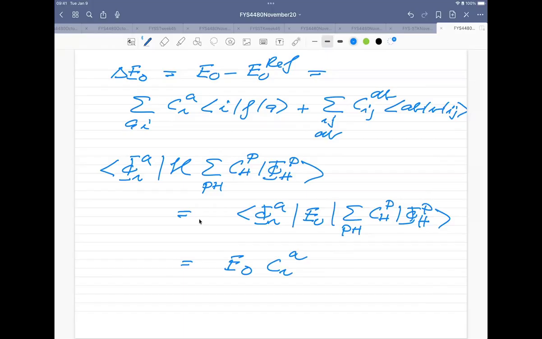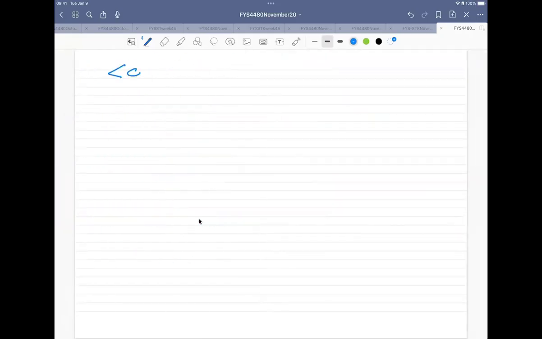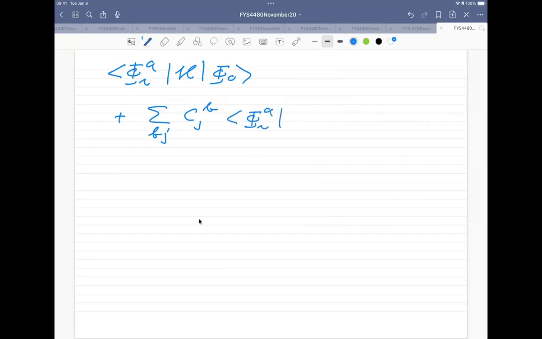Then I'm going to write out the other terms. And what we have then is obviously a whole chain of terms here which are going to come in. So let's do that. So we will have a phi of IA. We have the Hamiltonian, and then this is going to act on phi 0. That's the first term. And then I get a new term here where I have a Bj, and then I have a coefficient Cjb, and then I'm getting elements of the type H, and this is multiplied with phi jb, like that.